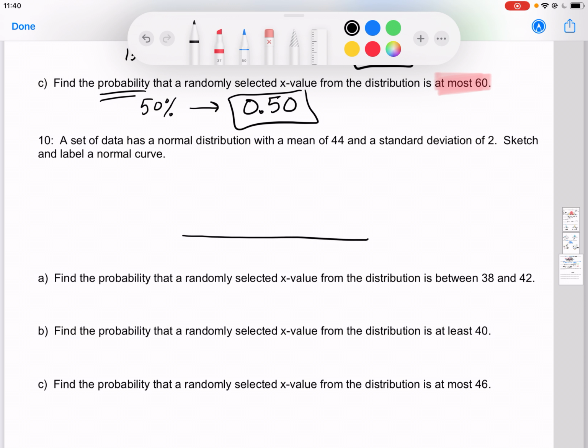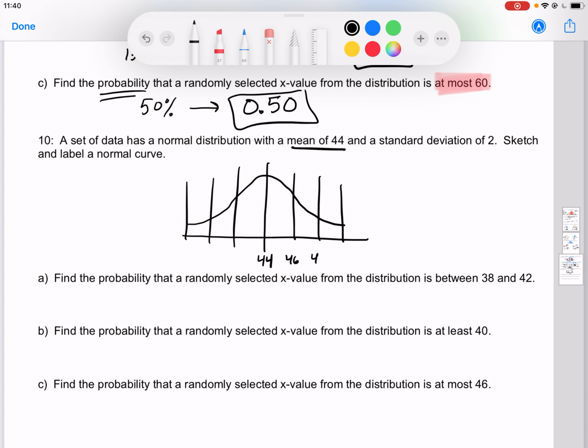So we've got a normal curve on this problem. We draw a really good picture like I just did, and you put the mean in the middle, and you're going to go 3 out in both directions. And the standard deviation is 2, so you're going to add 2, so you get 46, 48, and wow, 50.